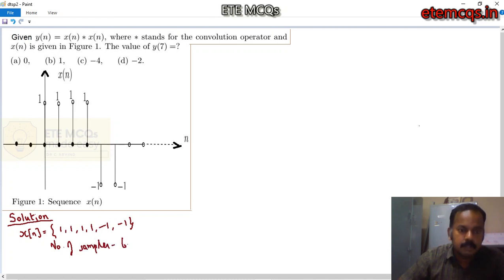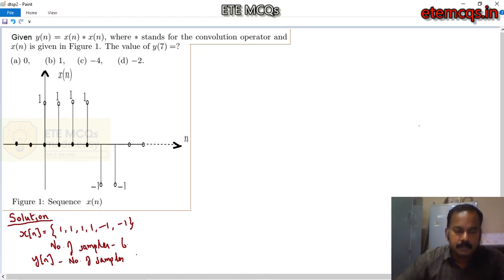And we already know that y of n is x of n convolved with itself. So the number of samples for y of n will be n1 plus n2 minus 1.